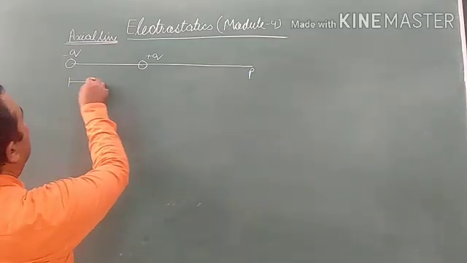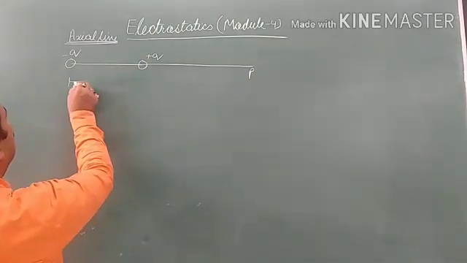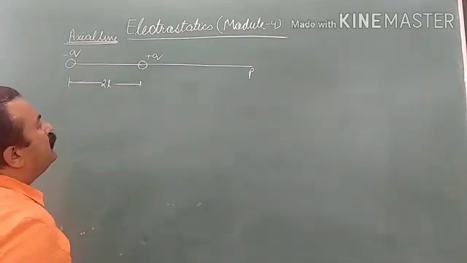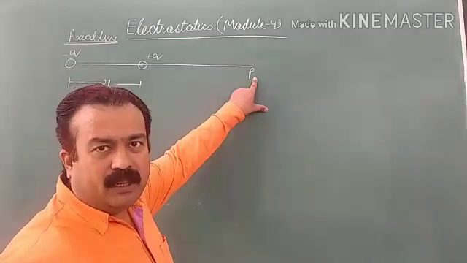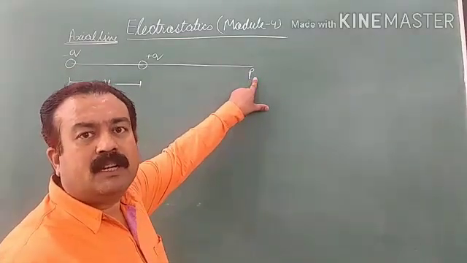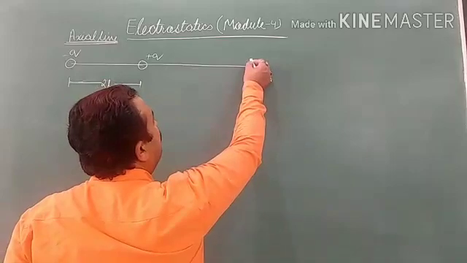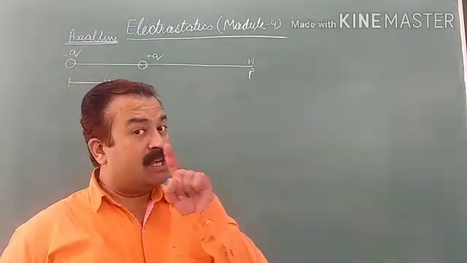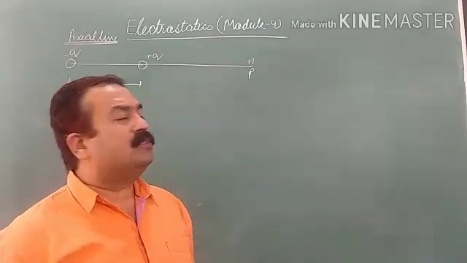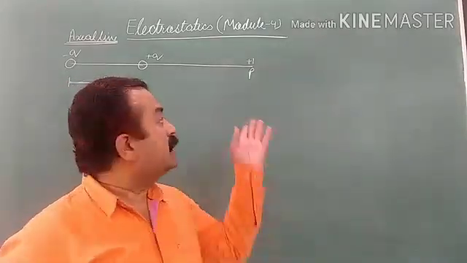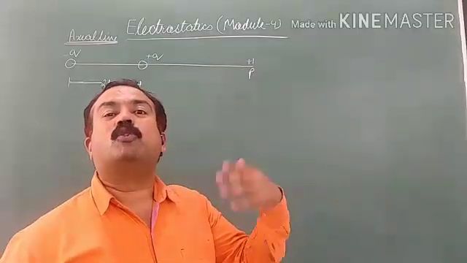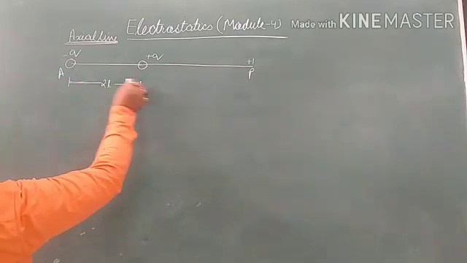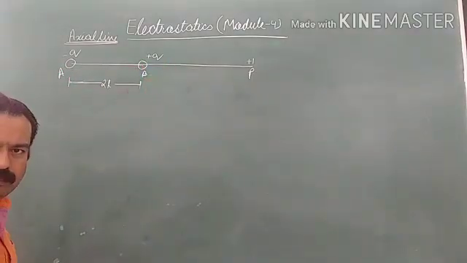So let us consider an electric dipole. In between, the distance is 2L. Now consider a point P on the axial line and consider a unit positive charge over there. If we consider a unit positive charge here, it doesn't mean it is present here. We are assuming, beta. See, this point may be A and this point may be B.